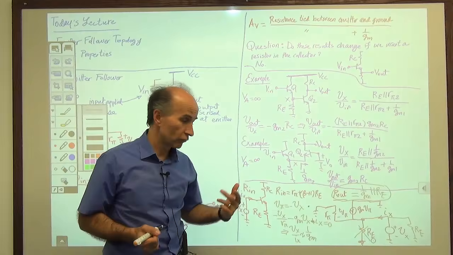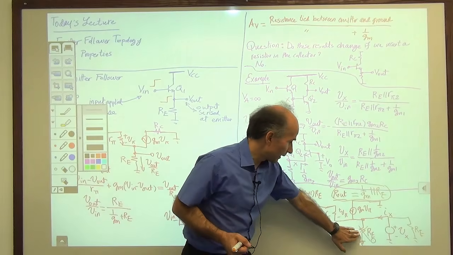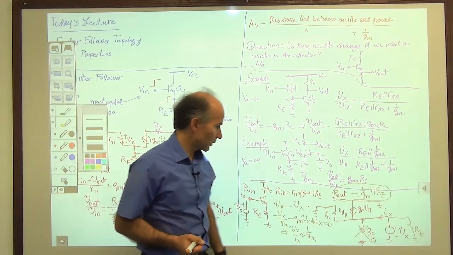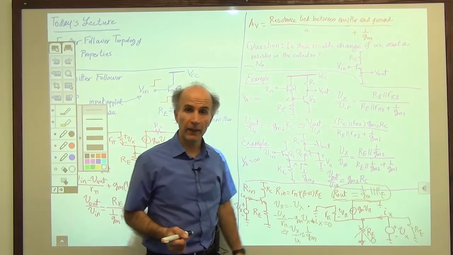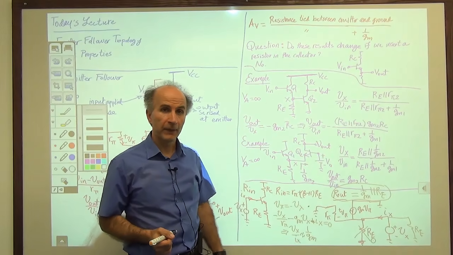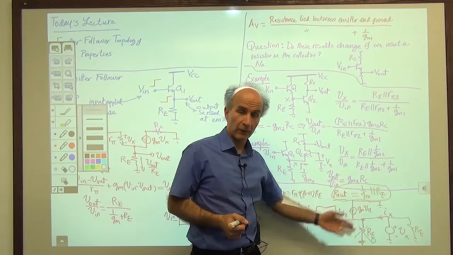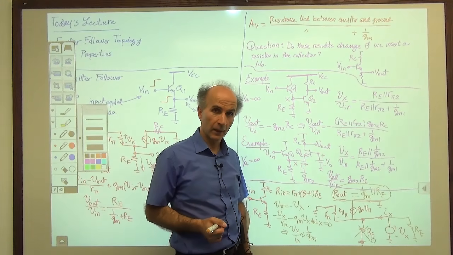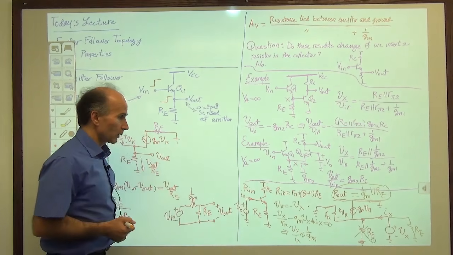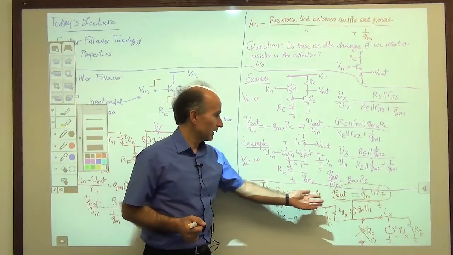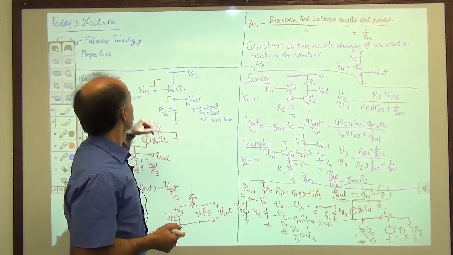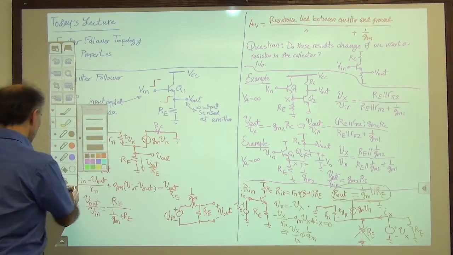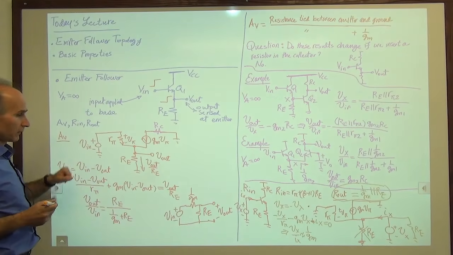If we had not recognized that at the beginning and kept Re and written all the equations, you would end up with something more complex that might not have the intuition that we have here. Okay, very good. So we have found the input resistance, the output resistance, and the voltage gain of the circuit.